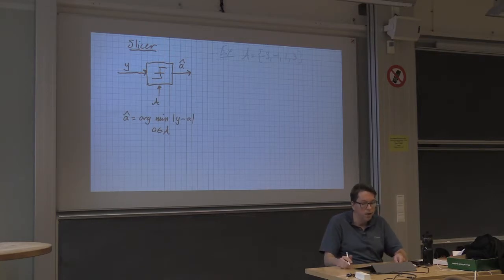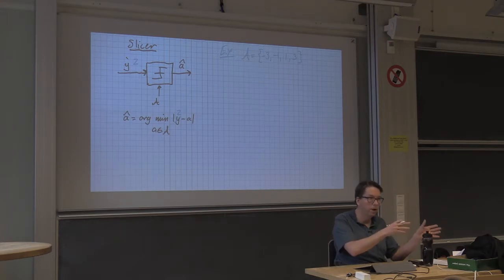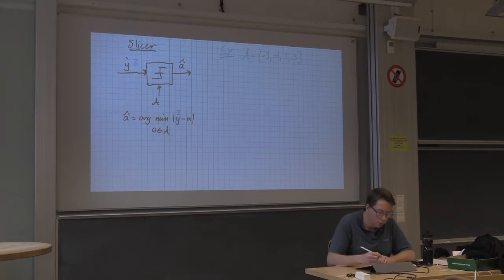So what we want to do then is to, for each possible input, actually the input should be, this is all true, but let's pick the input Z instead, and put Z here instead. Doesn't matter, right? Just to be consistent with what's on the slide. So what we want to do then is to, for every Z, assign an A hat.